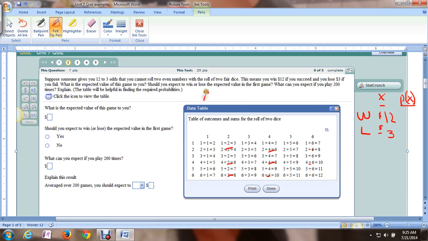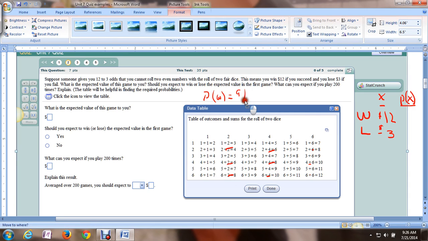So the probability of you winning is 9 over 36, or 1 over 4. The probability of you losing, therefore, must be 3 over 4. So what we have, let me put it over here in case you can't see that. 12, 1 over 4, and -3, 3 over 4. That's the outcome and each probability.